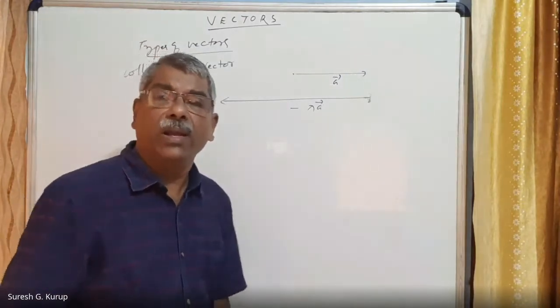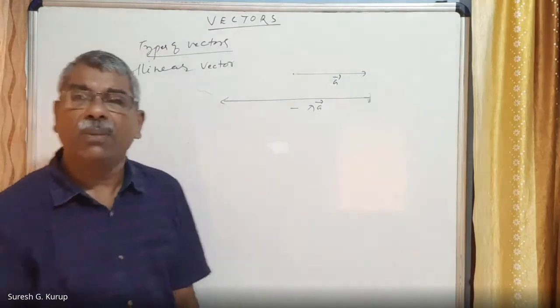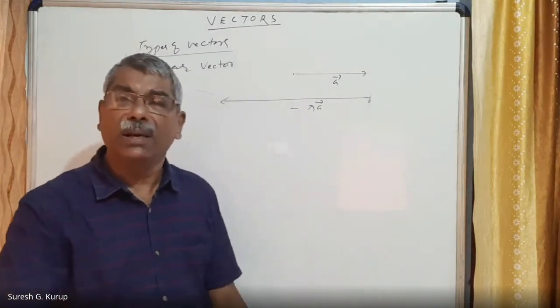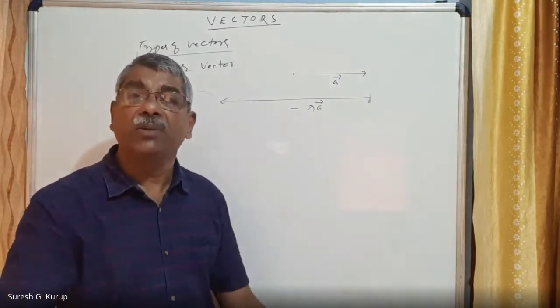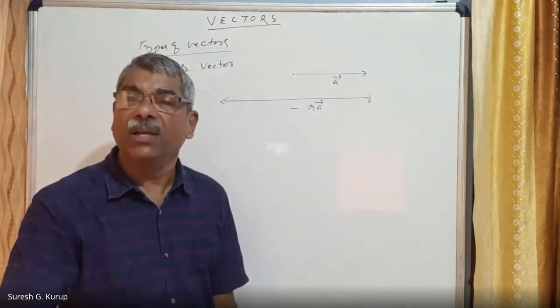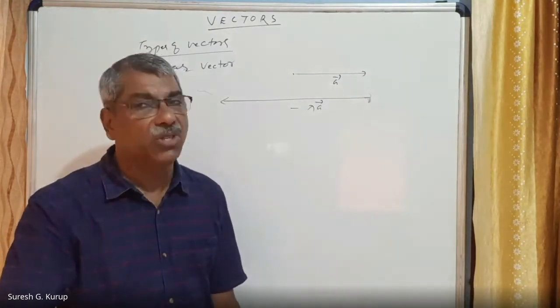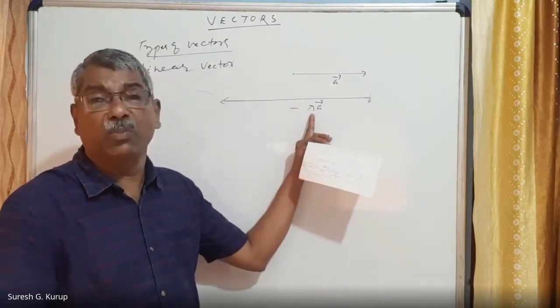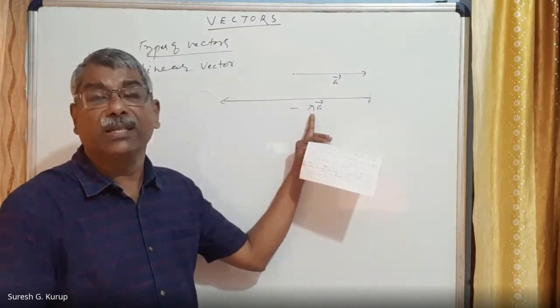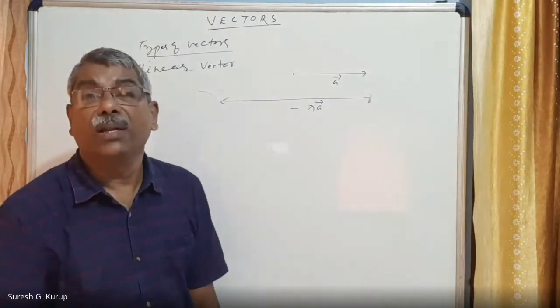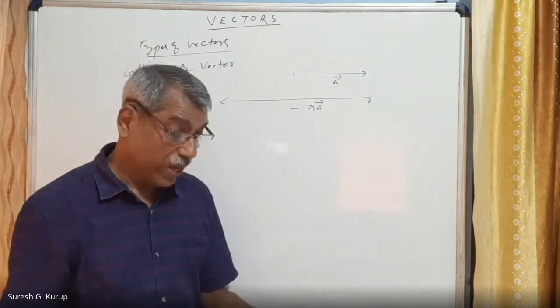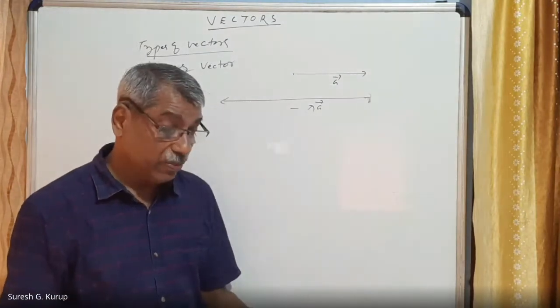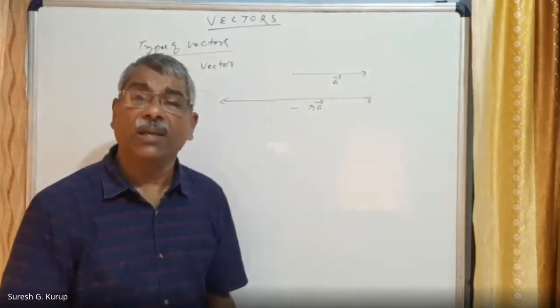So when a vector is multiplied by a real number, only its magnitude changes and the direction remains the same. If the number multiplying is negative, then the direction is opposite to the given vector. So this is about multiplication of a vector by a real number.